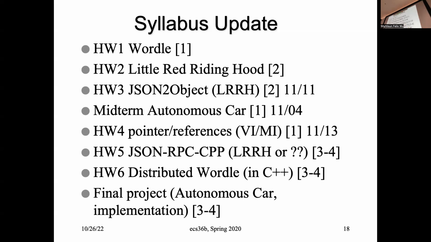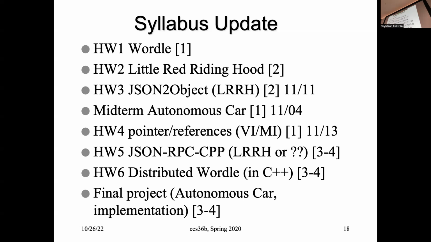Let me give you an example. I have a C++ object here. I convert it to JSON, and I send it using JSON RPC to the other part of the world.